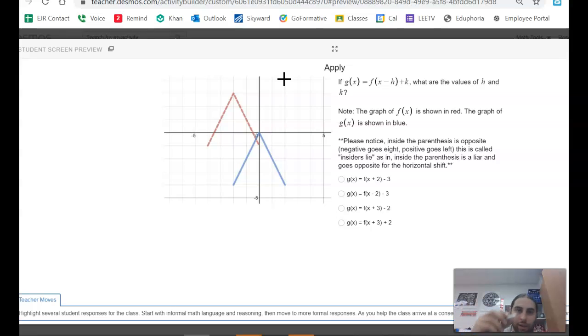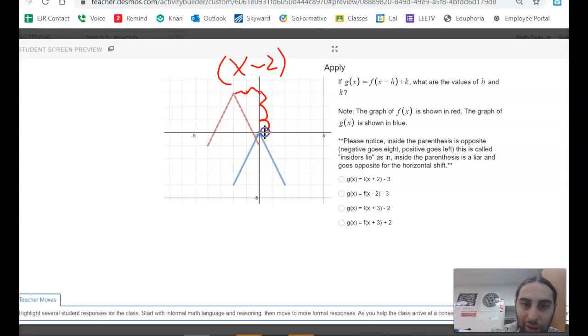Okay, cool. So yeah, since it goes right 2, that's going to be a -2 on the inside of the parentheses. Then it goes down 3. That is not a liar, so it'll be -3. All right.